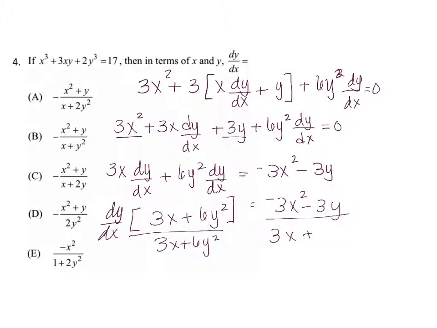And it looks like we can simplify each term by 3. So I am going to go through and cancel out. So notice that we have those cancel, and we should have that 2 in front of the y squared. So it looks like my answer is going to be A, the one that matches this.